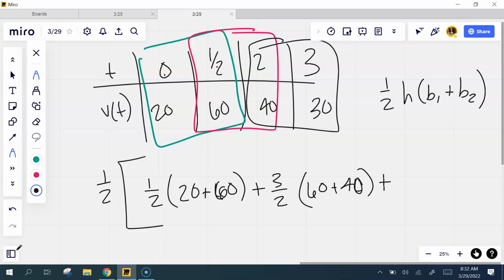Slow down? Okay. So this is asking us to find the trapezoidal sum with 3 subintervals. So I got the green trapezoid, the pink trapezoid, and the black trapezoid.